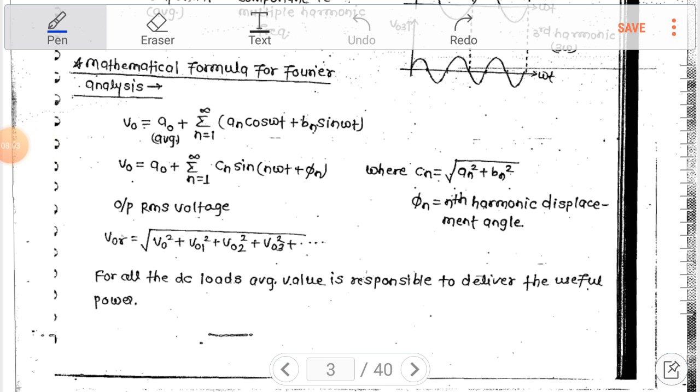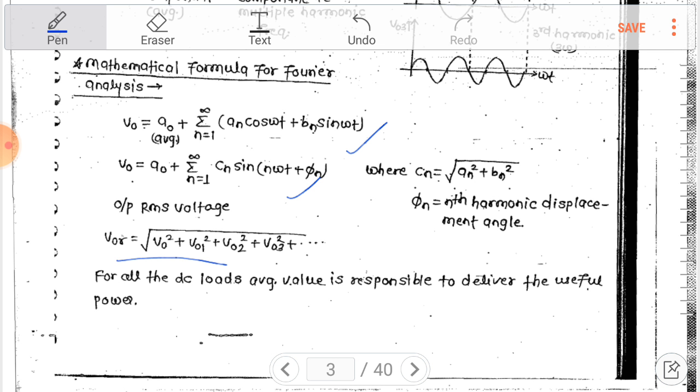This is the mathematical formula of the trigonometric Fourier series, and the RMS value we can determine from the square root of the DC component squared plus the fundamental component squared plus the second harmonic component squared, and so on, up to the other harmonic component magnitudes squared.